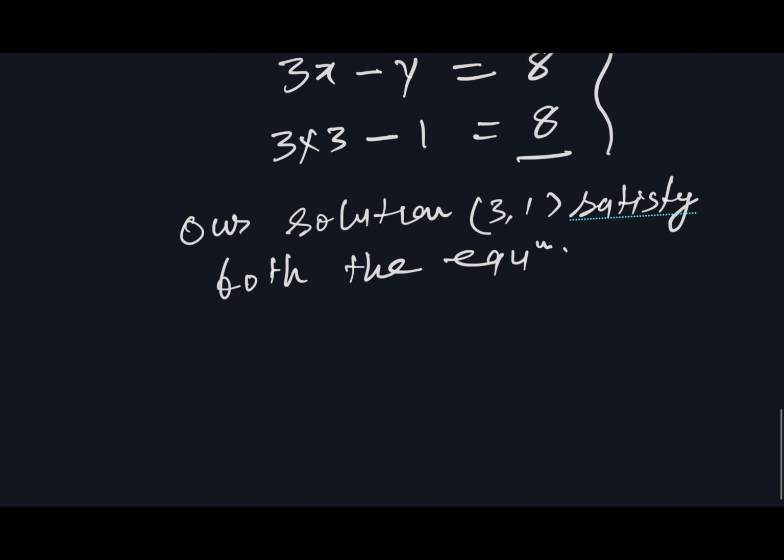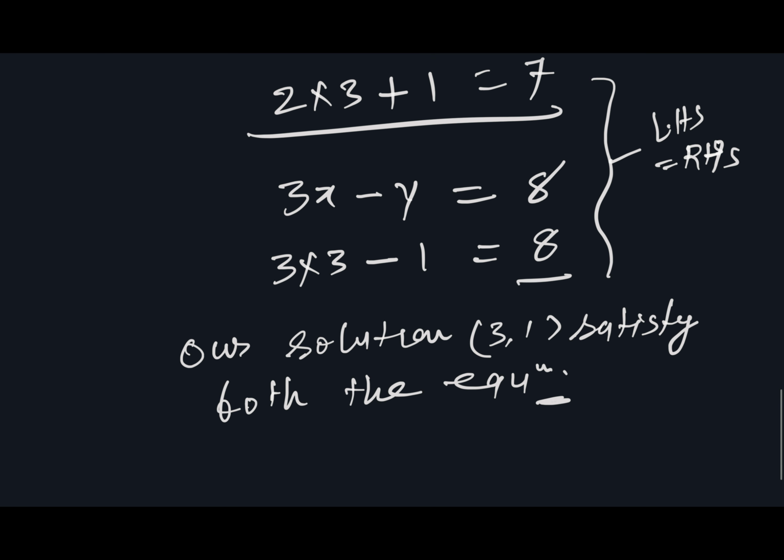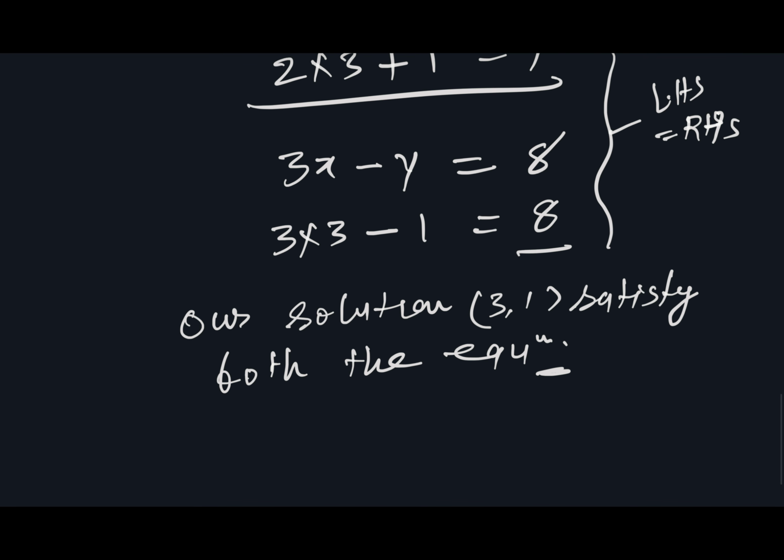So it is the solution of the pair of linear equations. This is one way to solve a pair of linear equations. In the next video lecture, we will see another method, which is the elimination method. Thank you.